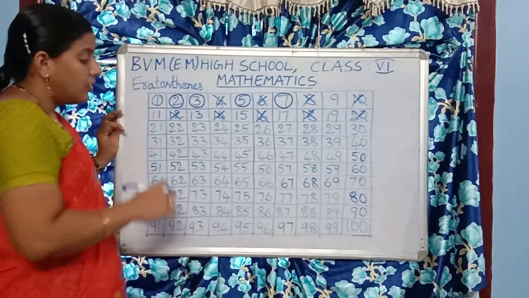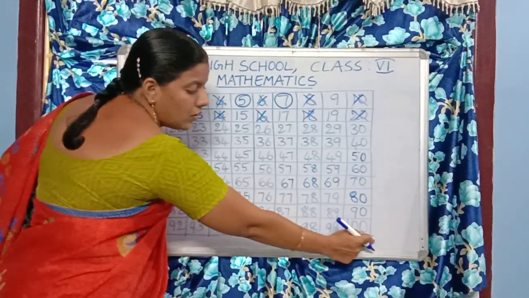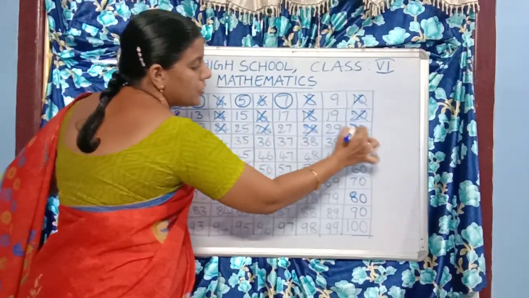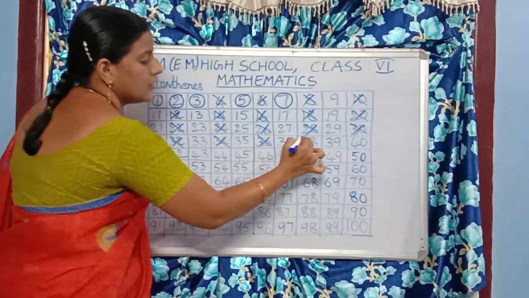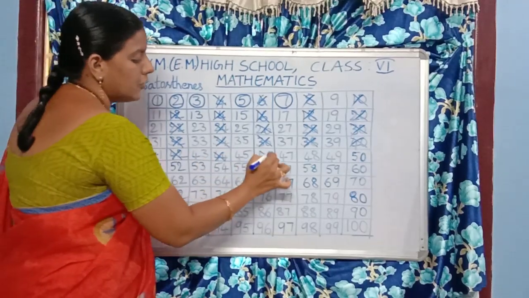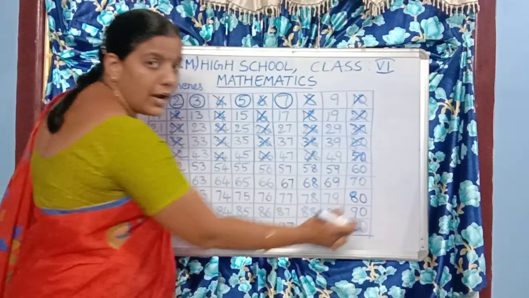Like that, cross out all the multiples of 2 up to 100. Like this. Do it, children. 38, 40, 42, 44, 46, 48, 50. Like that, do up to 100.